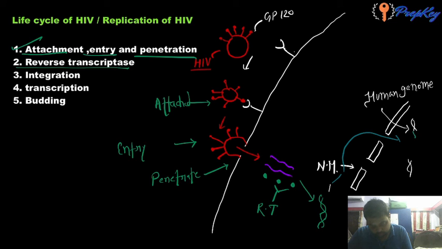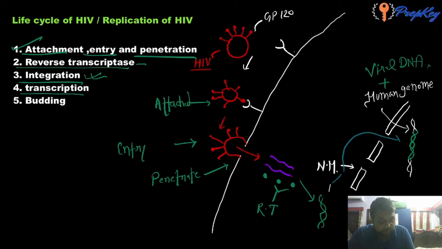Now our human genome is attached with viral DNA. Is it clear? Reverse transcriptase helps to convert RNA into DNA, then they integrate into the human genome.